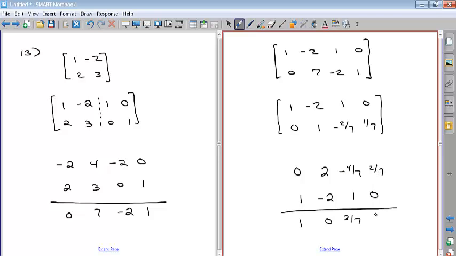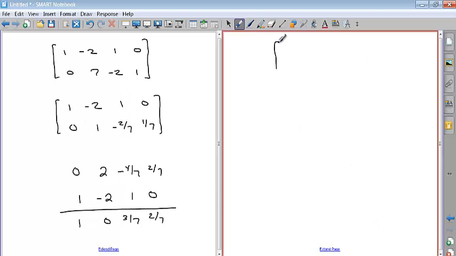And I add these two together and I get 2/7. So my final matrix, I replace the first row with this, so I get 1, 0, 3/7, 2/7, and then my second row is 0, 1, -2/7, 1/7.